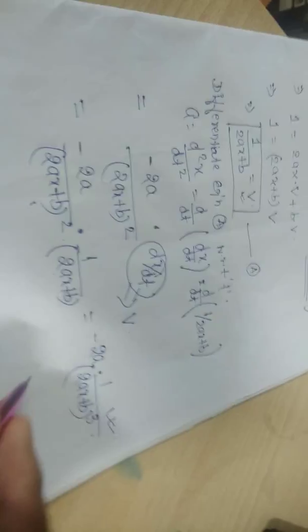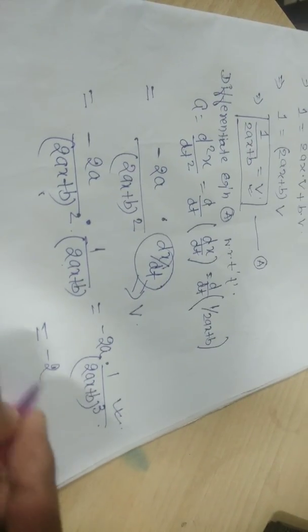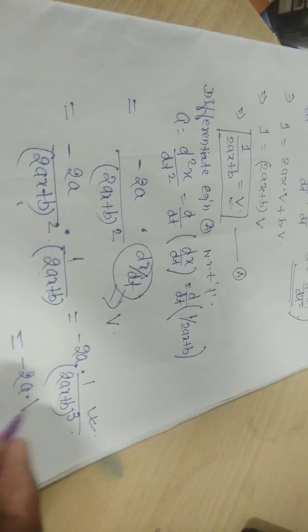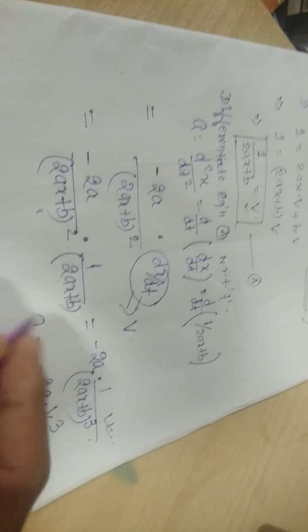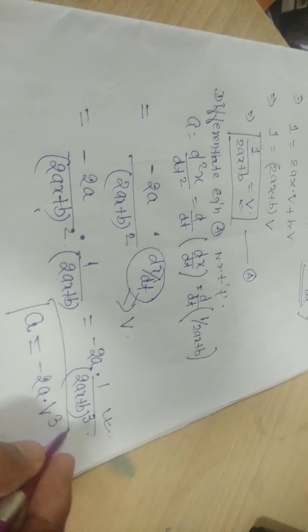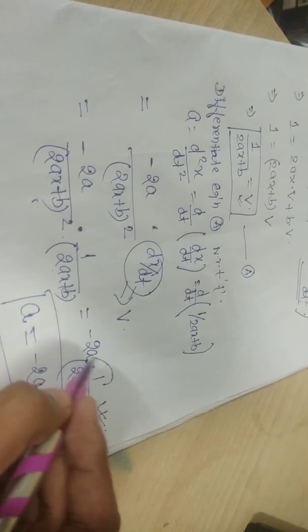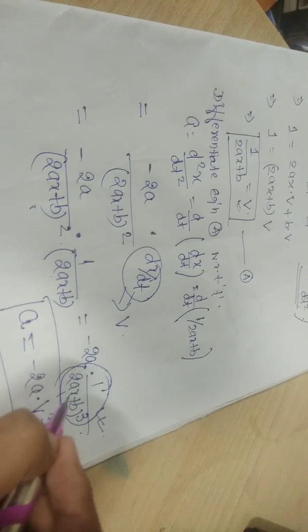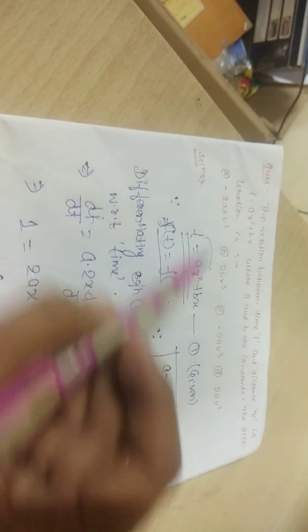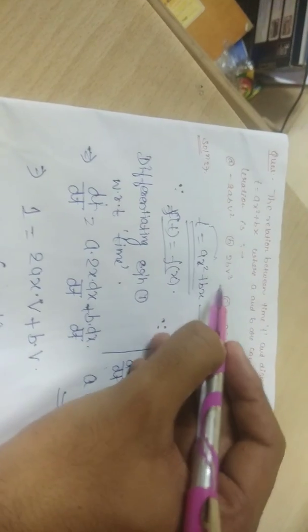So this is nothing but minus 2a into v cube, which is the acceleration. So minus 2a v cube, option C, is the correct choice.